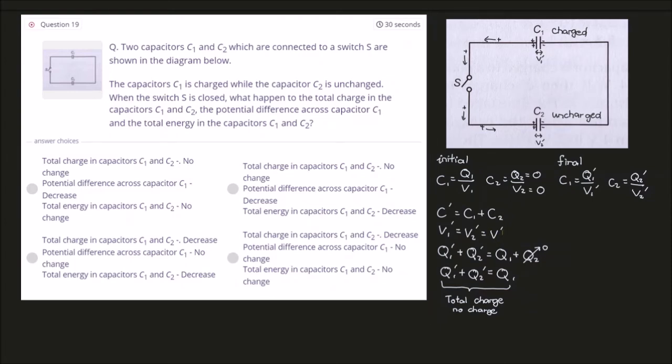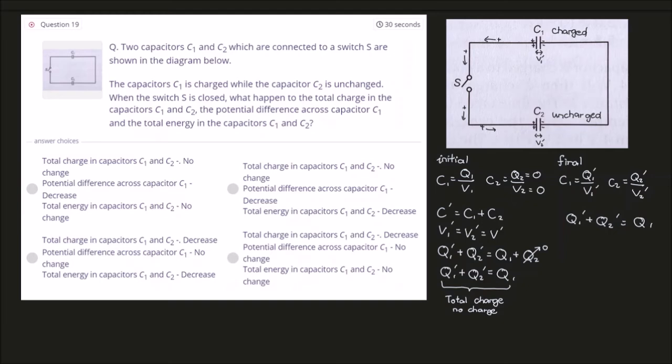We need to use an equation that connects the old and new situation. I believe this is a good equation for us to connect between the old and new situation. So let's try and use this formula. Q1 prime plus Q2 prime is equal to Q1.